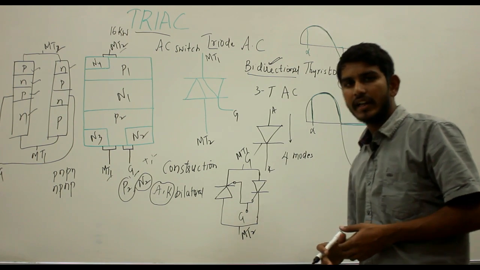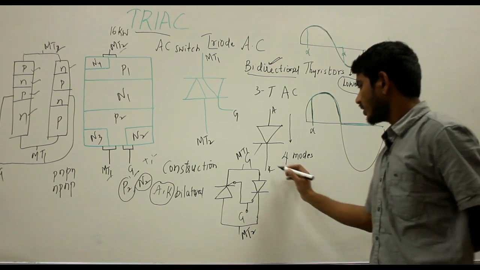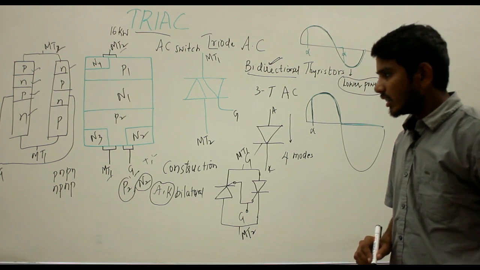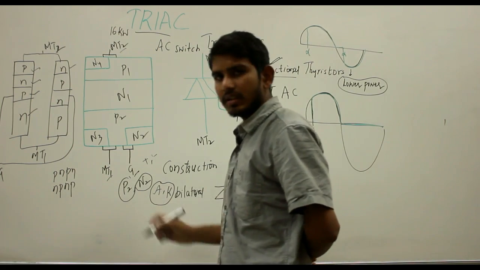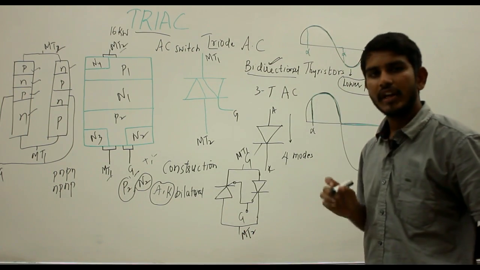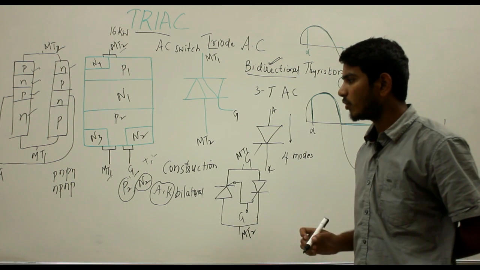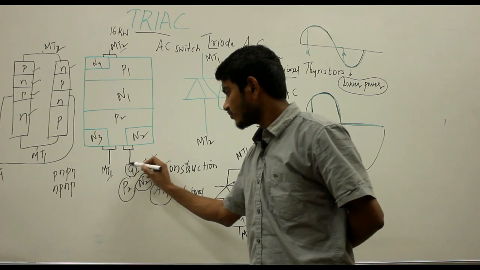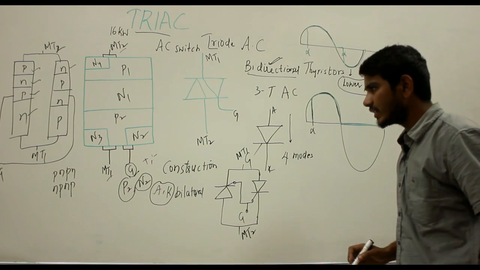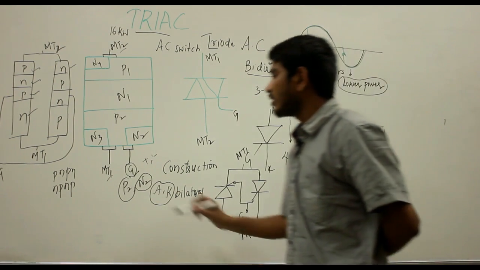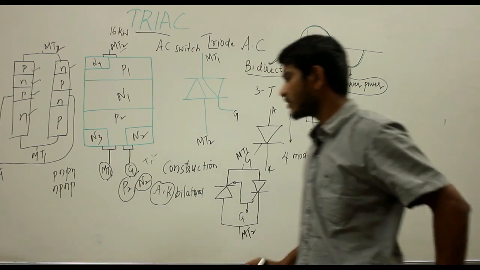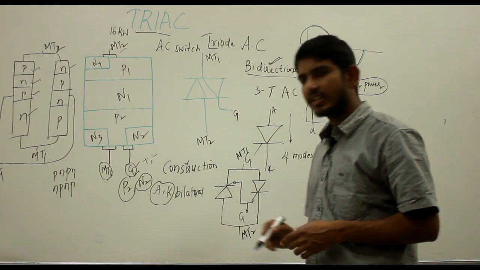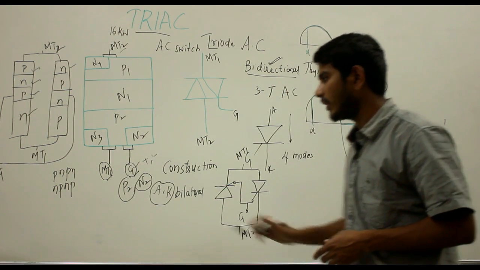We can turn on the triac in each half of the applied voltage by applying the gate signal with respect to the main terminal. It may be a positive gate signal or a negative gate signal with respect to the main terminal T1.